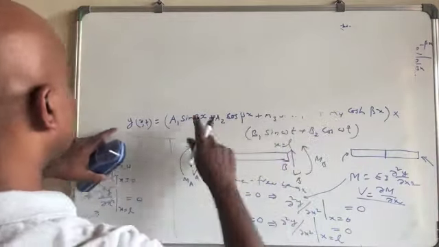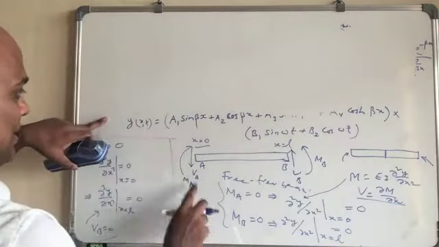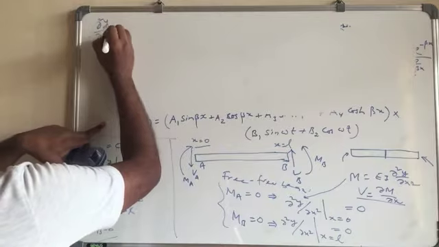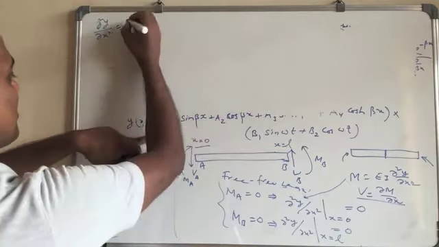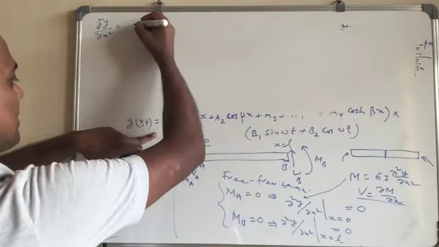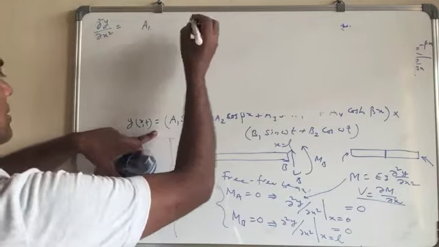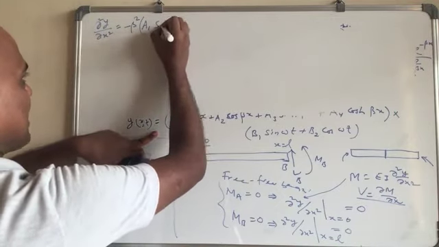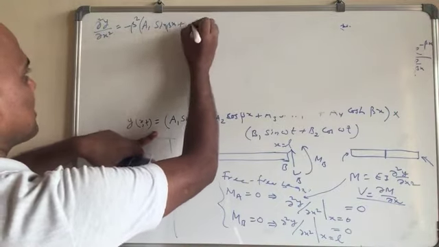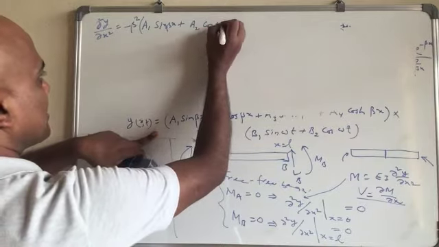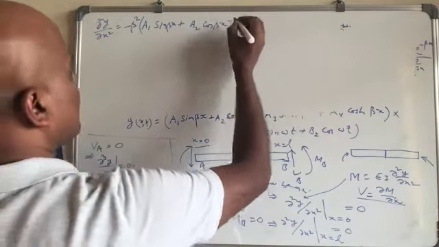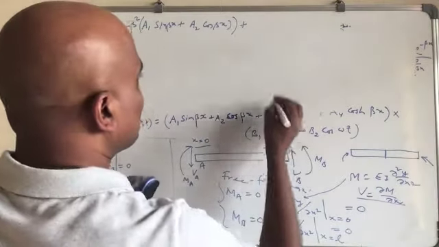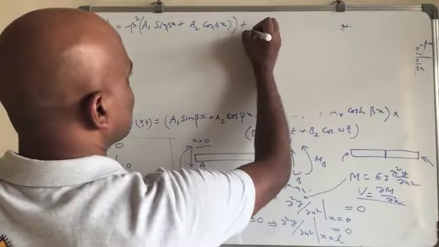So this is the Y. We get del square Y over del X square equal to minus beta square A1 sine beta X plus A2 cos beta X, plus, here we had A3, so here beta square.